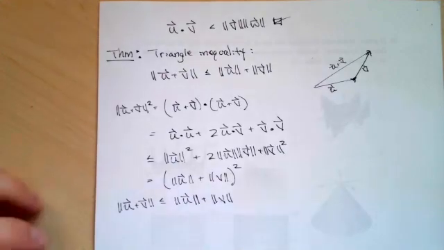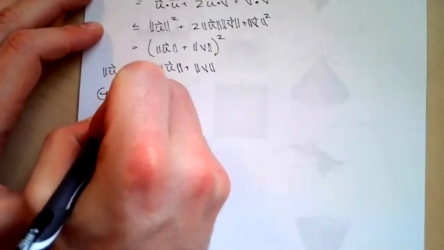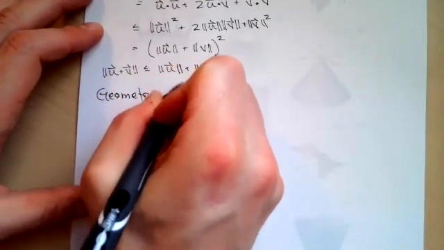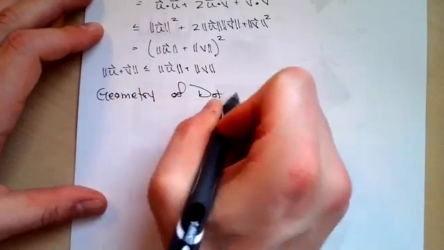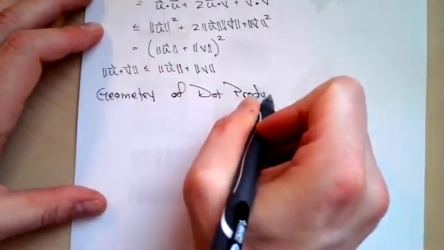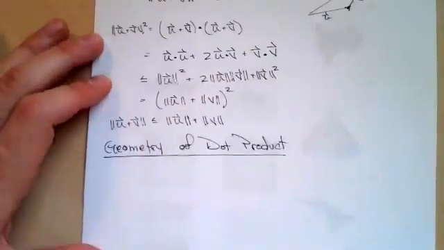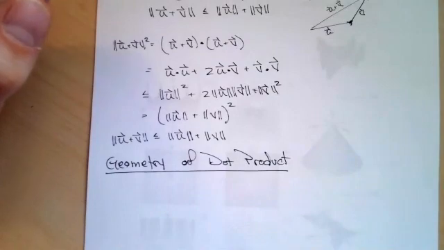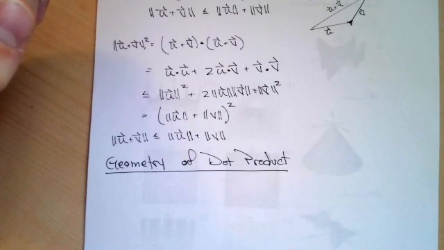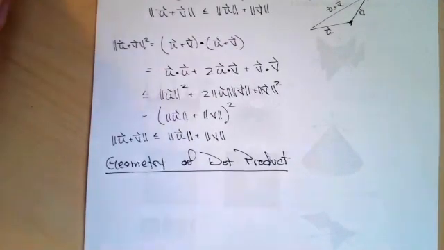So let's talk about the geometry of the dot product. Let's start off with a well-known formula.